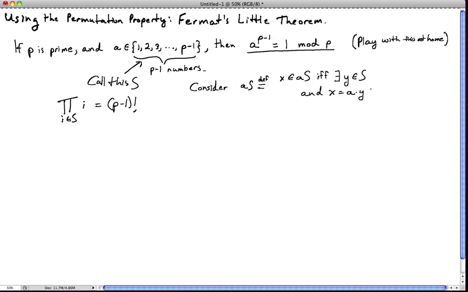So basically this is a fancy way of writing what you expect. a times S is the set you get by taking S and multiplying everything in it by a.